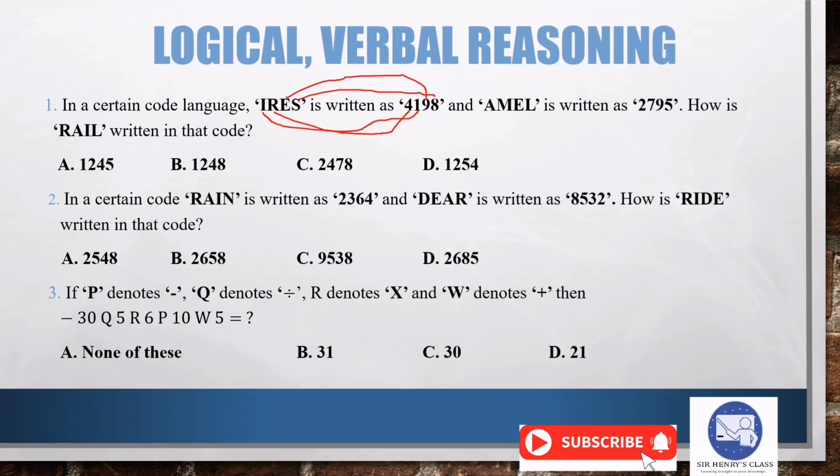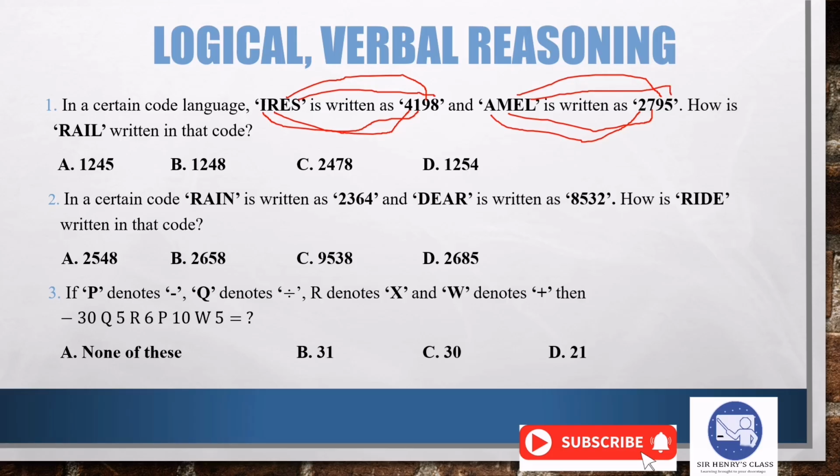So clearly in AMEL, A maps to 2, M maps to 7, E maps to 9, and L maps to 5.